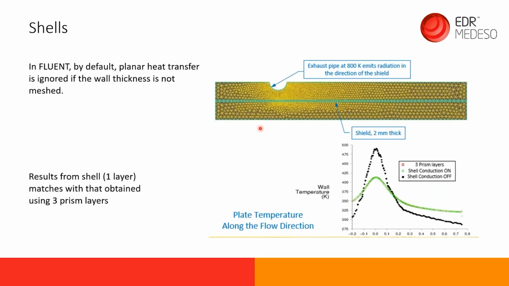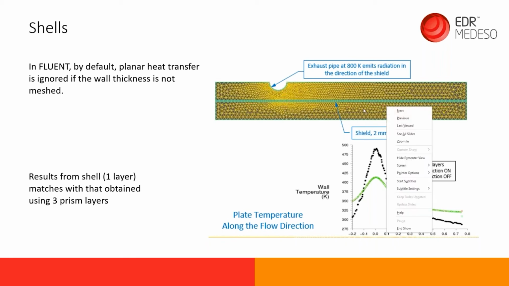So there's an example of that. If you can imagine, if you cut a car in half and you looked at the exhaust pipe down here and it's radiating a lot of heat, you might have a heat shield here, which is very thin. And if you use shells, the result is exactly the same as if you'd meshed it with 3 layers.